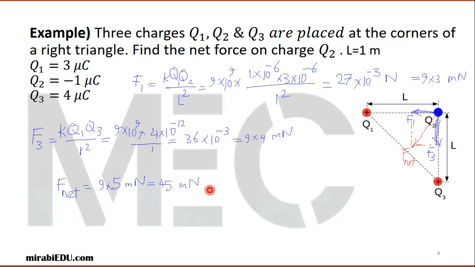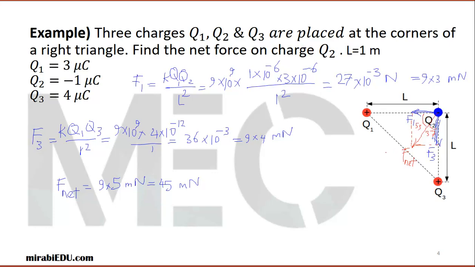Now, what can be said about the direction of the net force? Because we have a 3, 4, 5 triangle, the angles are 37 here and 53 here.